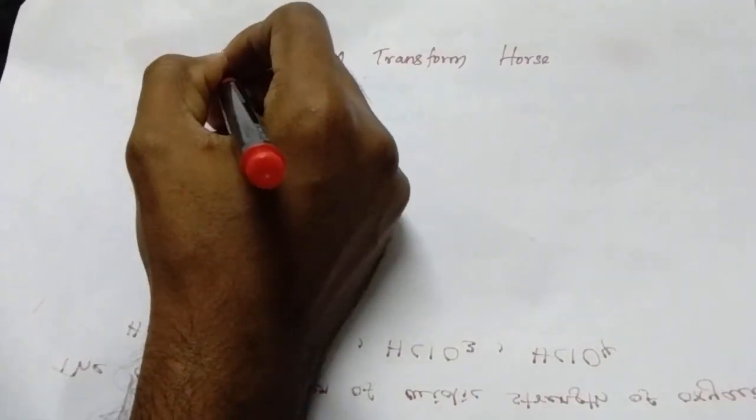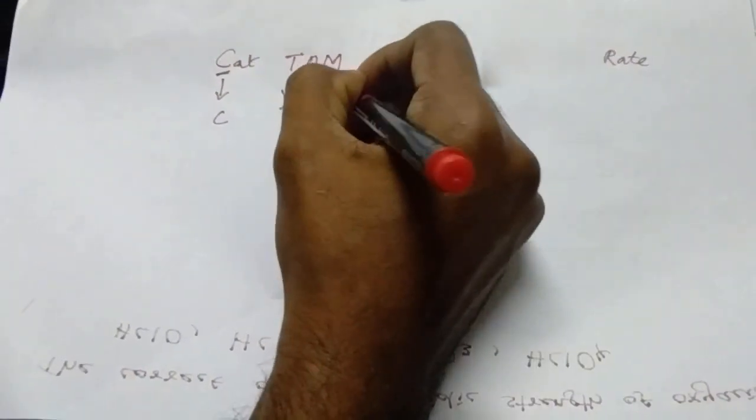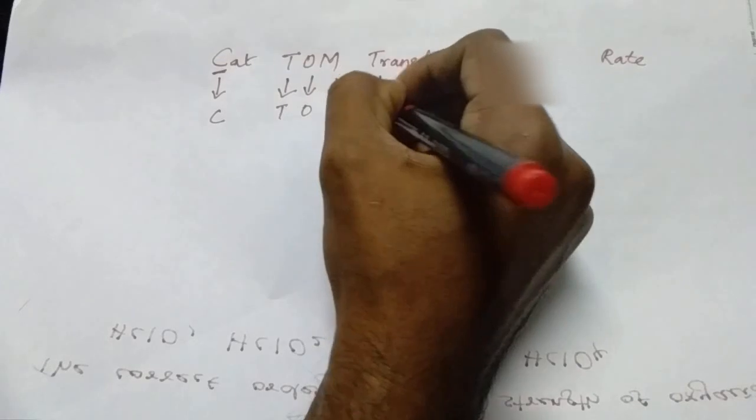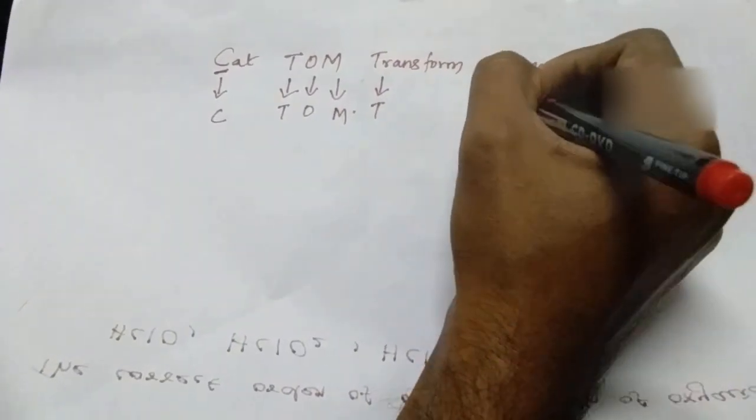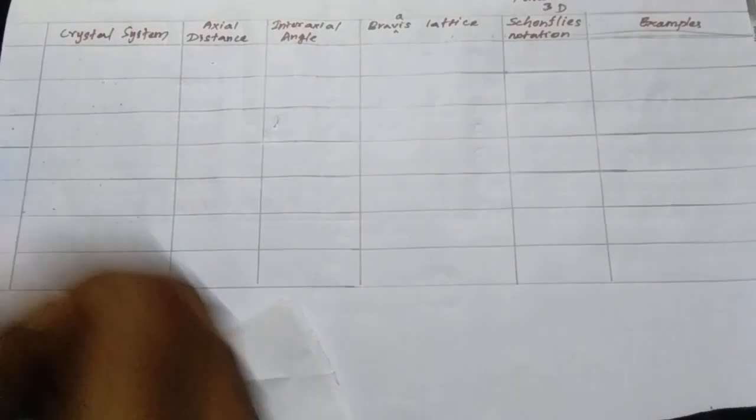From this mnemonic, I can collect C T O M T H R. Use these letters here.